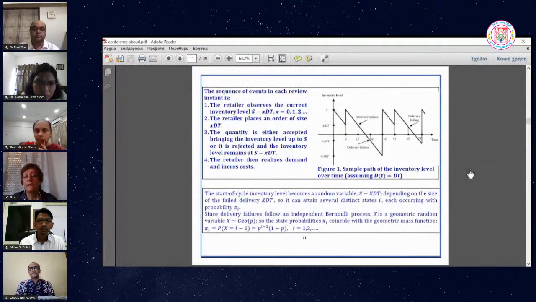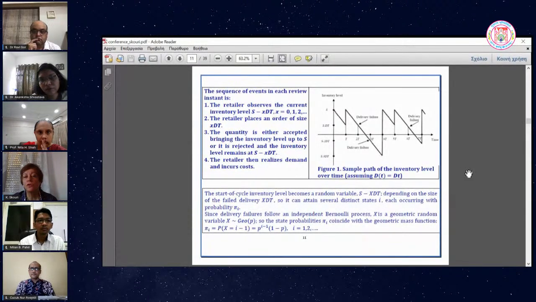Here is a sample path in Figure 1. We can see a sample path of the inventory level over time, assuming that cumulative demand is given with this relation. So the inventory is reviewed every T period, and the retailer observes the current inventory level. For example, here we have a review.